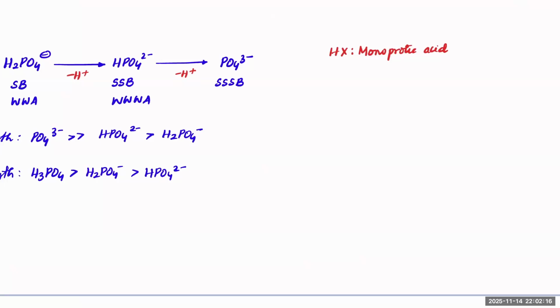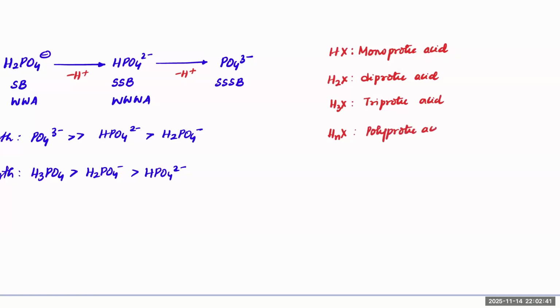If I write this as H2X, that is diprotic acid. If you have H3X, it is triprotic acid. And if it can give any n number of H plus ions, it is called polyprotic acids.